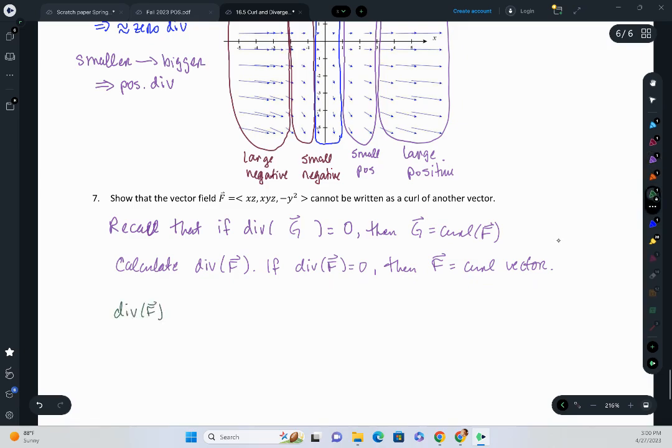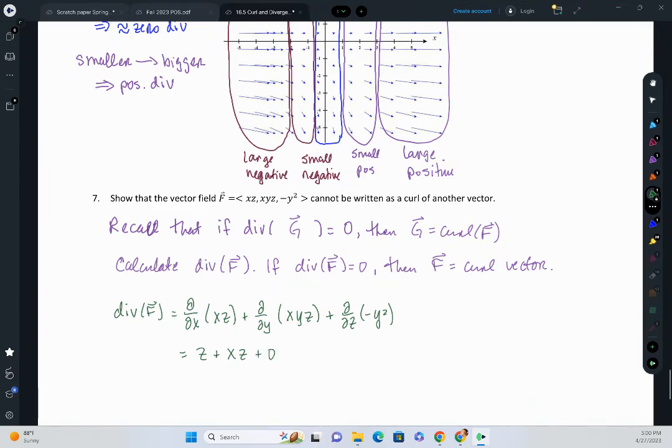Div of F, we're going to be looking at del x of the first component, which is xz, plus del y of the second component, which is xyz, plus del z of the third component, which is minus y squared. And what we get, del x of xz is z, plus del y of xyz is xz, del z of minus y squared is 0.